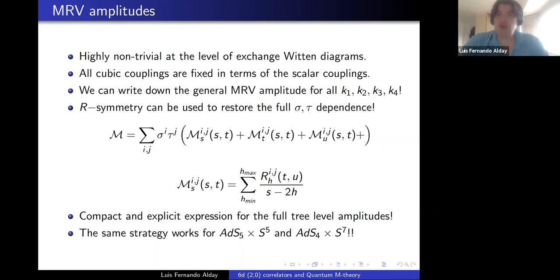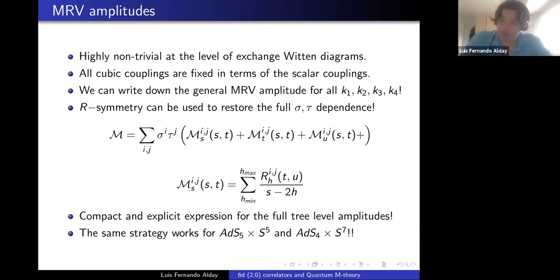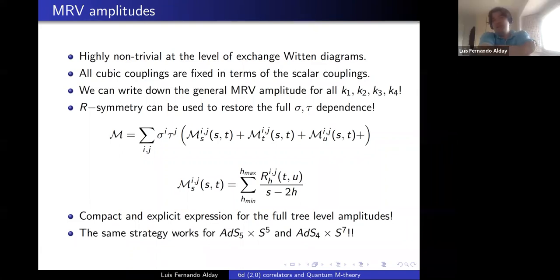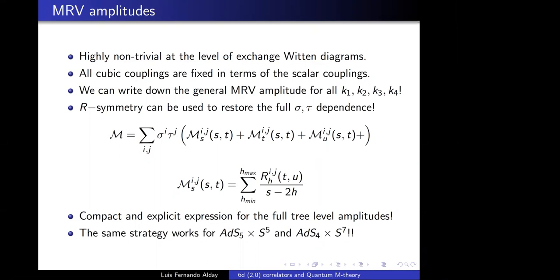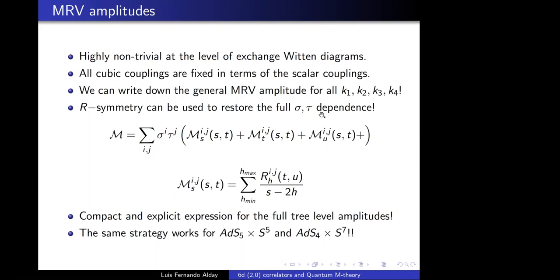So although you are killing a lot of terms, all the R symmetry polynomials actually survive. Because they survive, you can fix the coefficient in front of all of them, and then you can write back the full sigma tau dependence. I think that is a nice property. You could of course say, why not sigma equals 0 and tau equals 0, or something like that. But not all the R symmetry polynomials would survive in that limit. So this I think is a nice property.